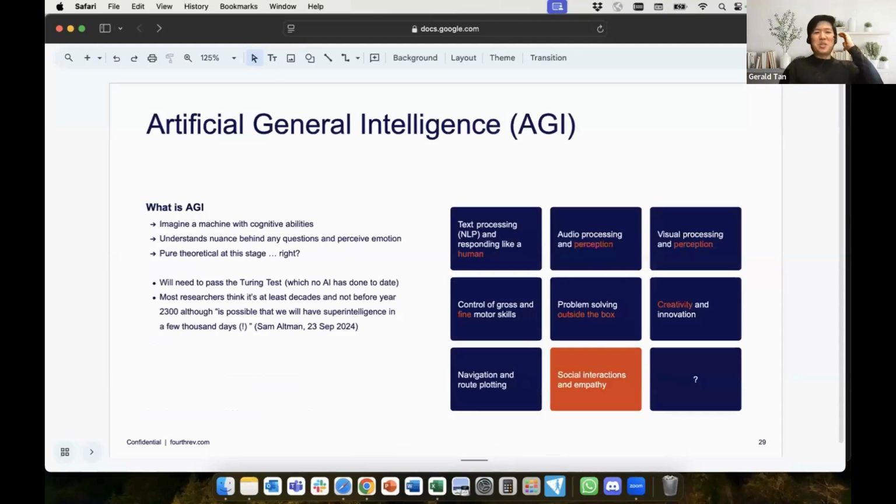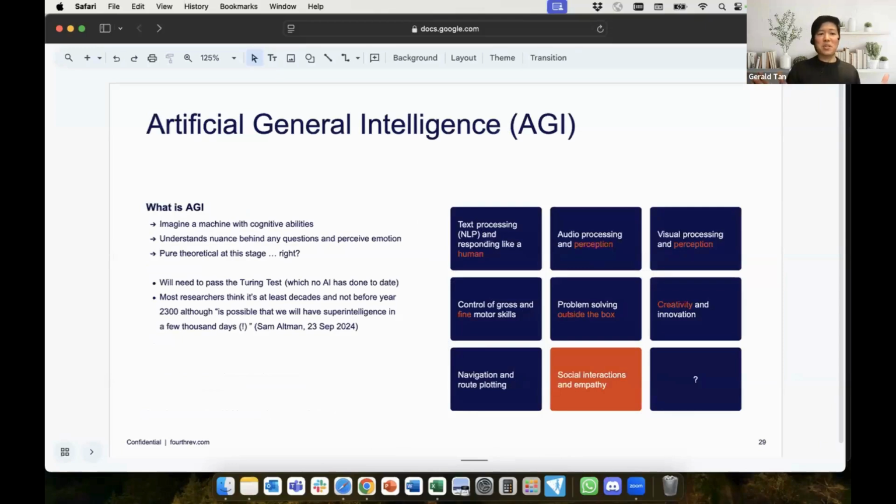One more thing to know is artificial general intelligence. At a high level, I would call this AI that has cognitive human abilities. Now, we don't have this in the world right now, but it is able to understand nuance behind any question and perceive emotion.